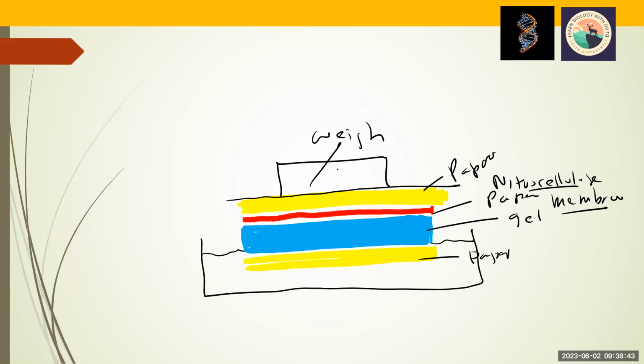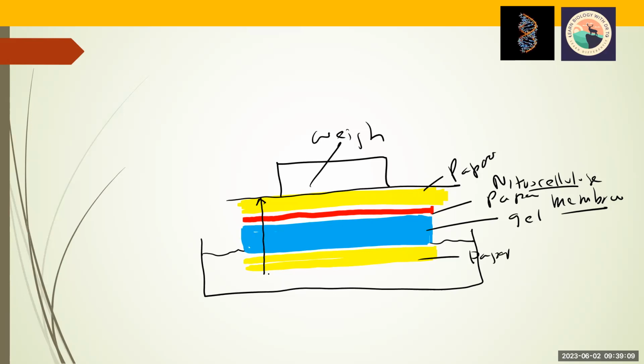When we keep the weight on the top, it firmly presses all these layers and allows water molecules, the buffer solution, to pass from this direction. So these papers on the bottom and the top are an attractive surface for water molecules.